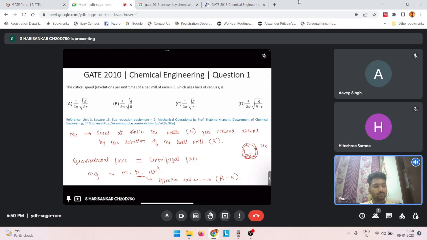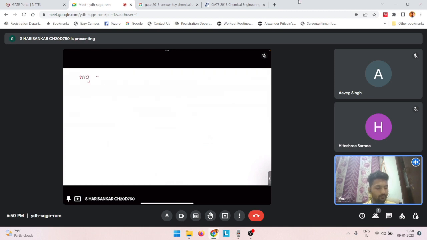By using this force balance, we can derive an equation for the critical speed. Again writing mg equal to m into r effective, which will be the difference between the ball mill radius and the ball radius, into omega square. Both the m will get cancelled and g is equal to (R minus r) into omega square. The angular velocity omega can be written as 2 pi into n.